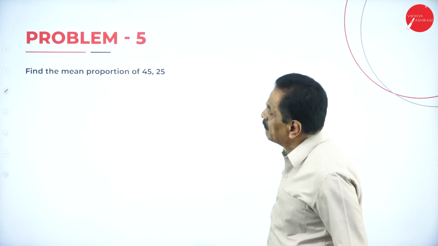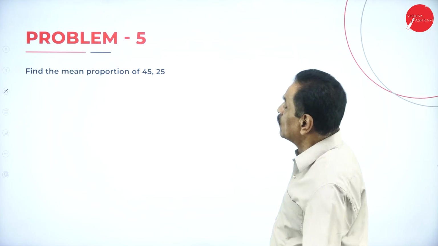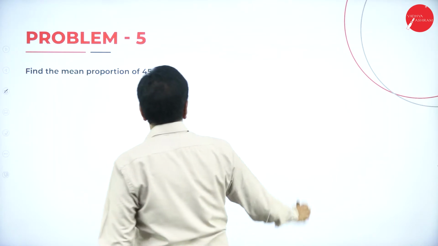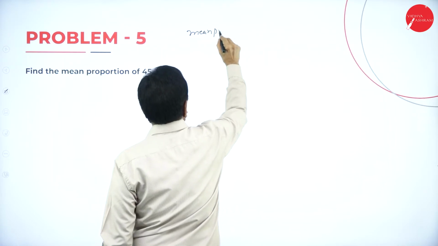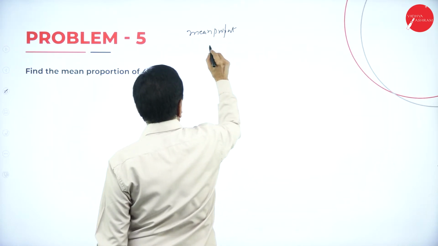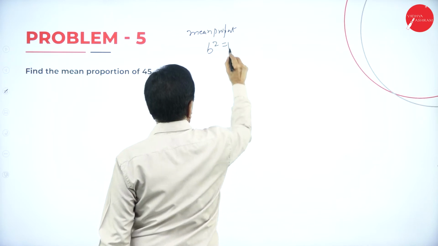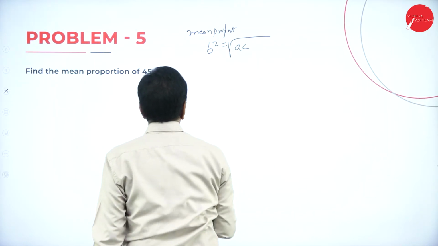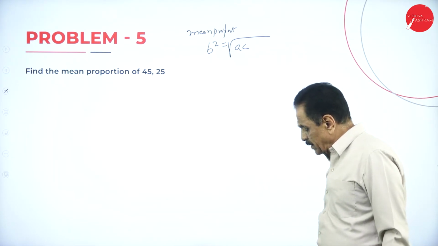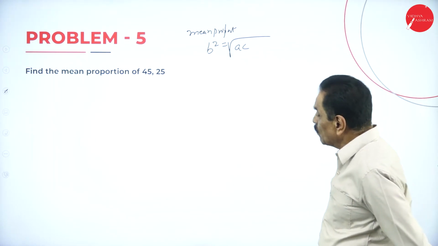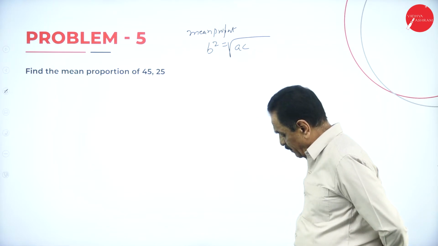Then next method, we want the mean proportion. The formula is B square is equal to root of AC. So we have 45 is to 25.